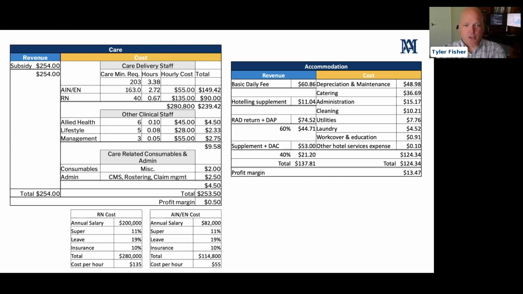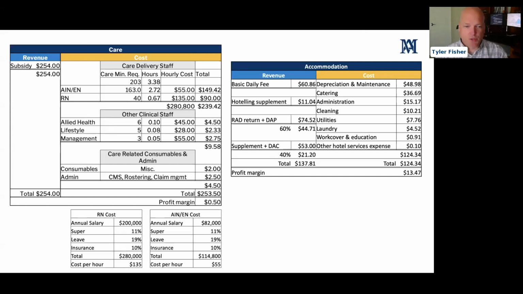And based on those cost points, then when we add in allied health, lifestyle management, all of the consumables that go into the provision of care, we also have a tech debt or expenditure around care management systems, rostering systems, Mirrors metrics, all of those things can count into that.